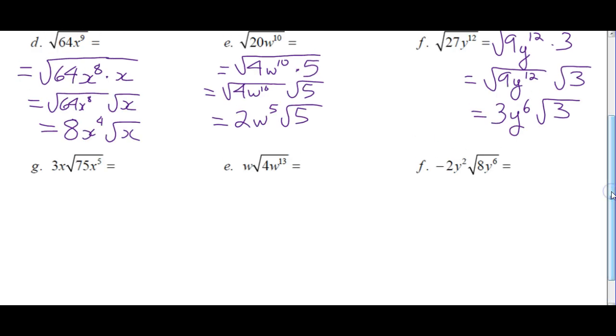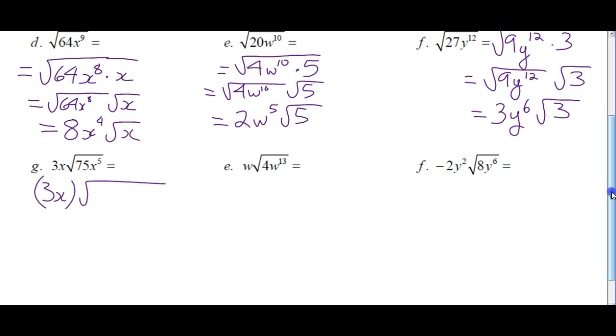Let me drag that up a bit. Okay, 3x times the root of 75x to the 5th. So the 3x right now is just along for the ride, right? You're just going to write a 3x in front until you've got something you can multiply it by. Okay, so then you go 3x. What's the largest perfect square that goes into 75? 25.